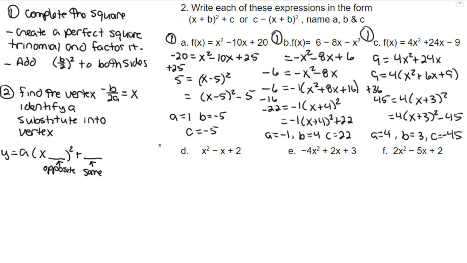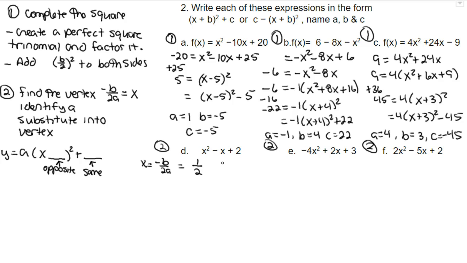Now for these, I'm going to try method number 2, first finding the vertex and then substituting it into vertex form. And so first, negative b over 2a is going to be 1 over 2. And so I know that the x part of the vertex for number d is going to be 1/2.